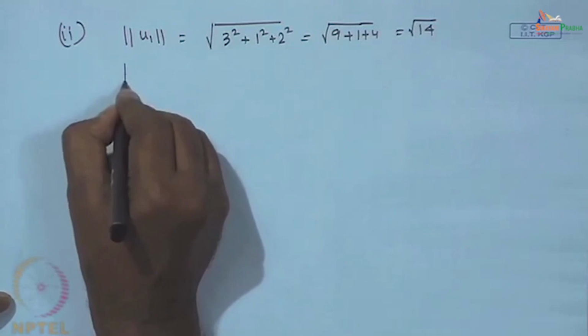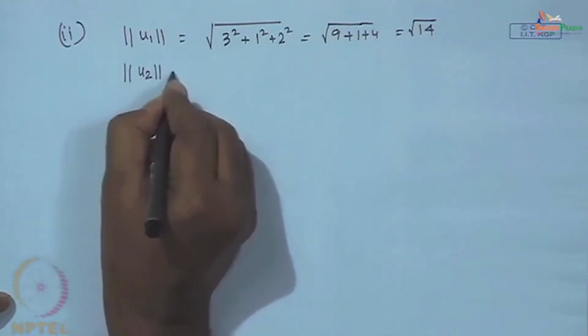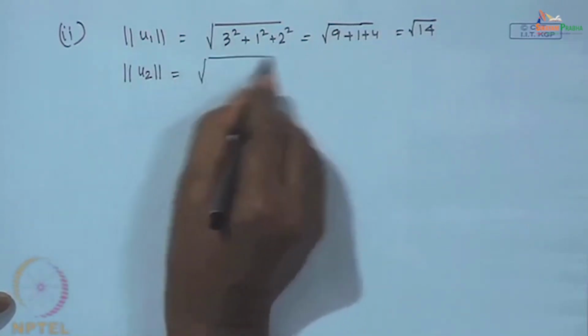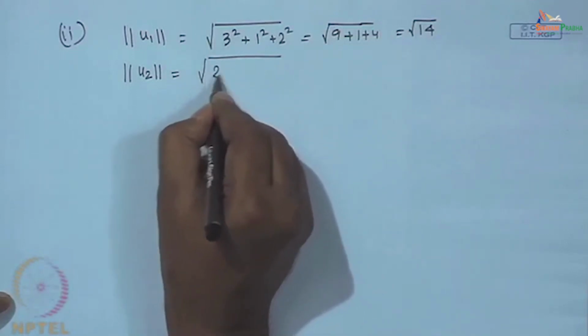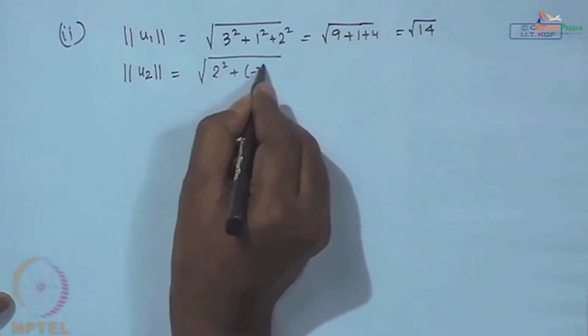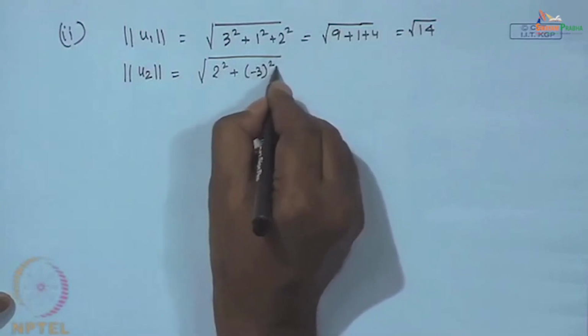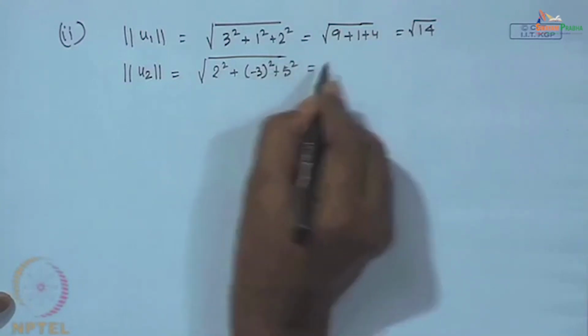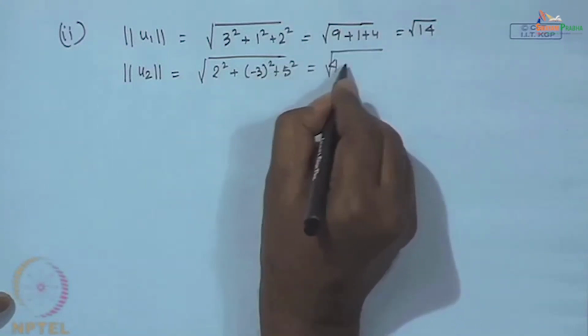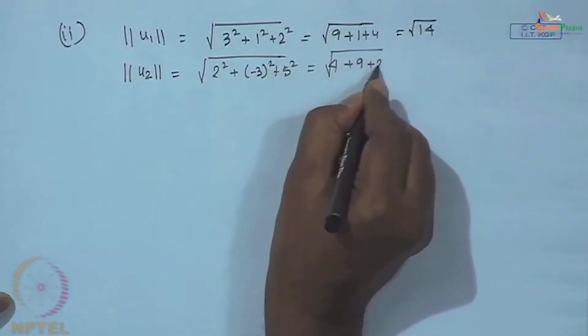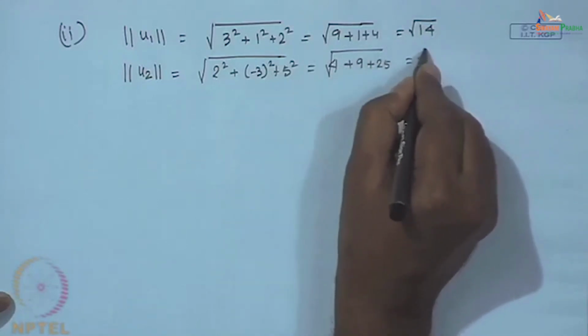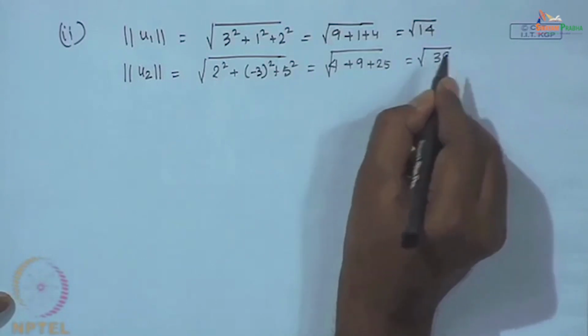Similarly, you can compute the norm of u2, it will be 2 squared plus minus 3 squared plus 5 squared. So, it will be 4 plus 9 plus 25, which is root over 38.